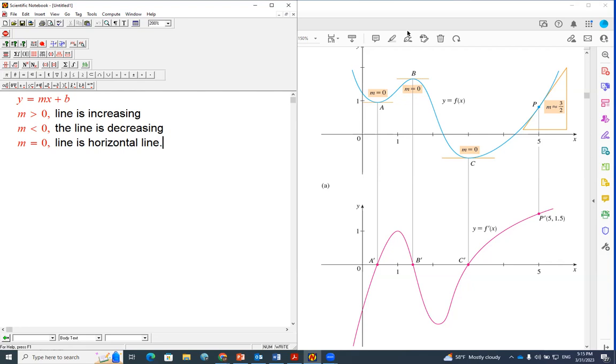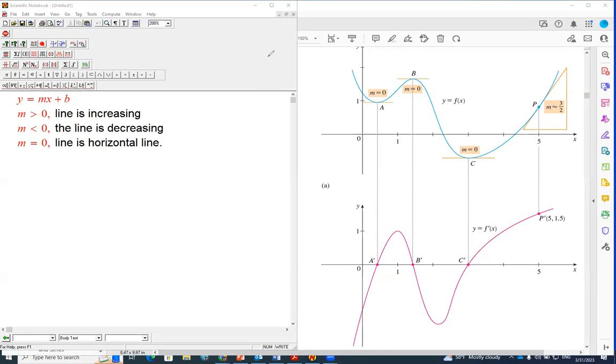So one of the things we can tell is that when the curve changes from decreasing to increasing, if this is a continuous curve, there's a plateau, a horizontal line, and this is the moment where the slope is 0.